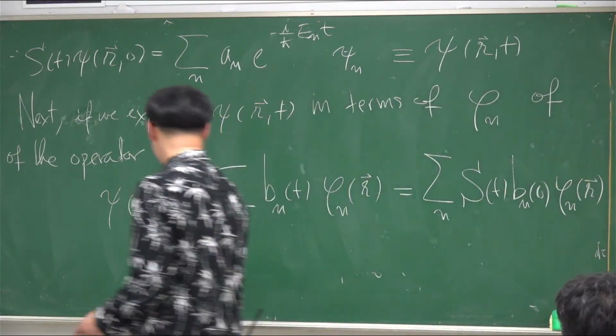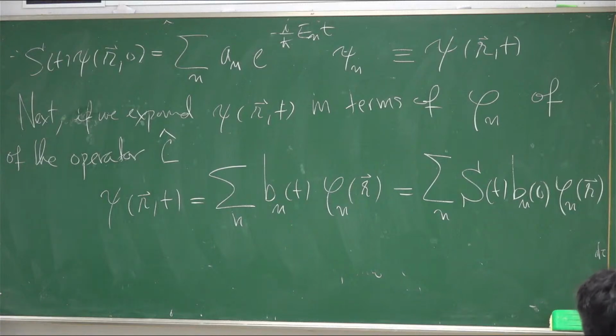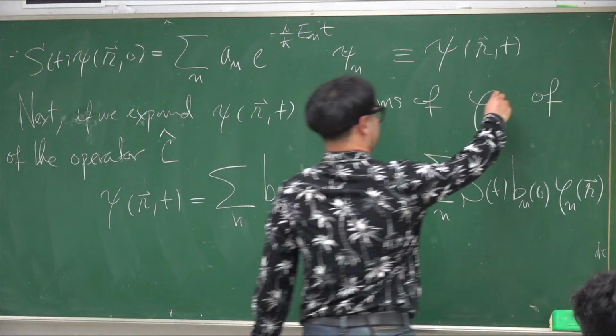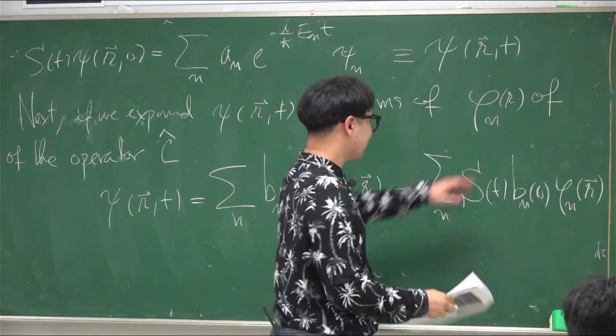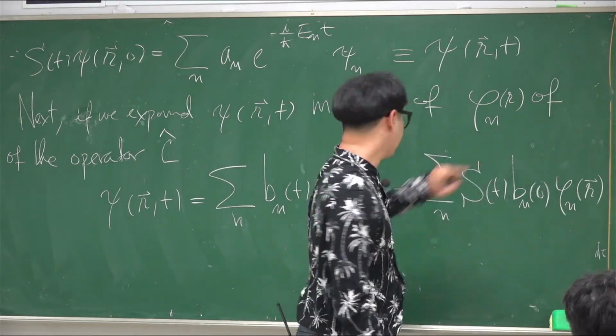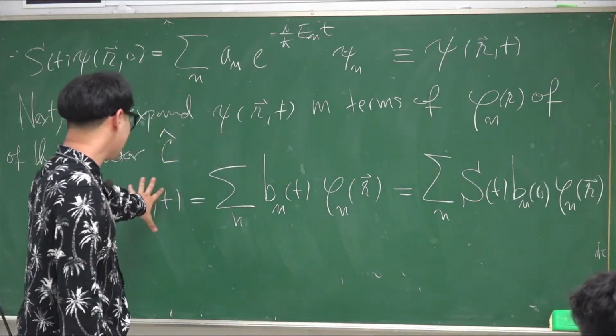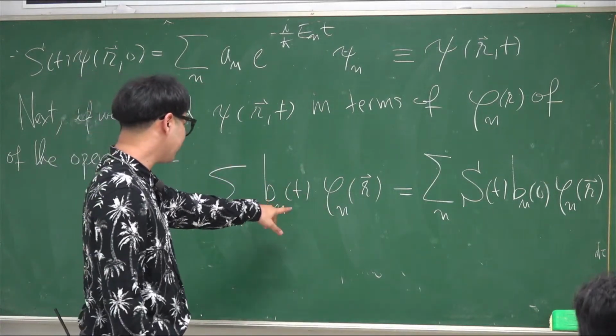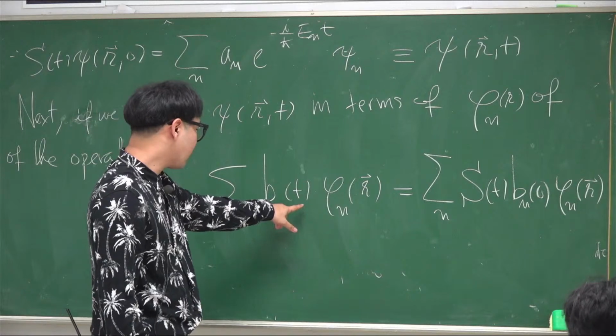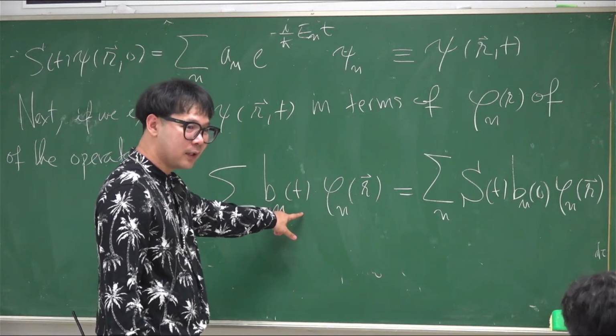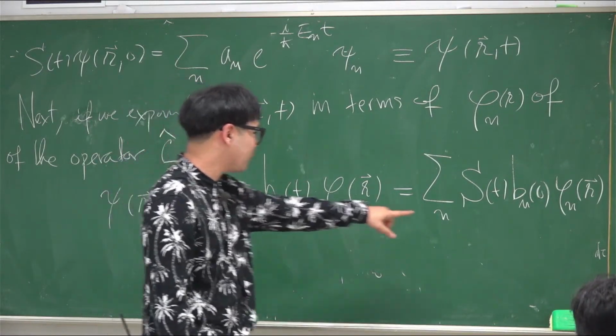So this is the initial state, and then you expand this one in terms of that. It means that your coefficient has to be a function of time. And once it is a function of time, it can be put in this way.